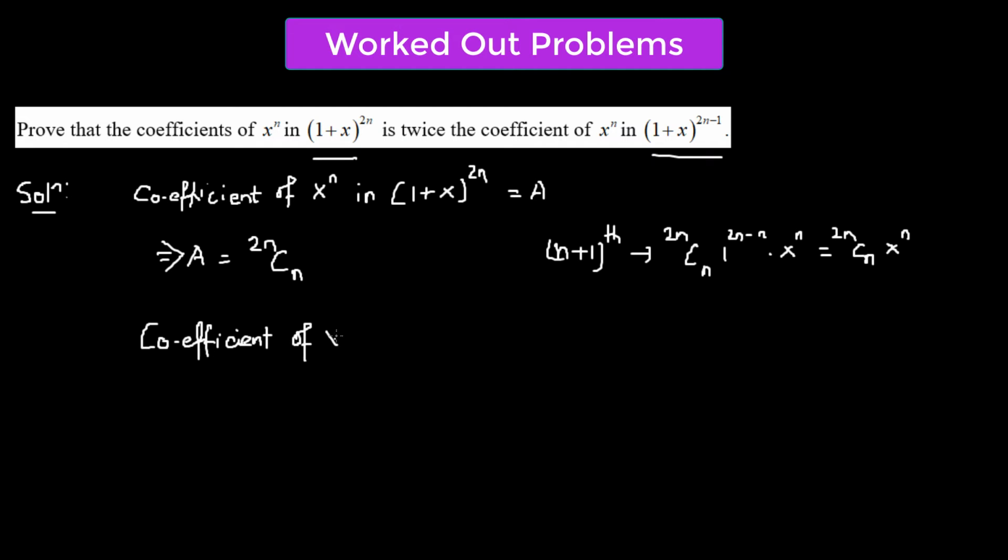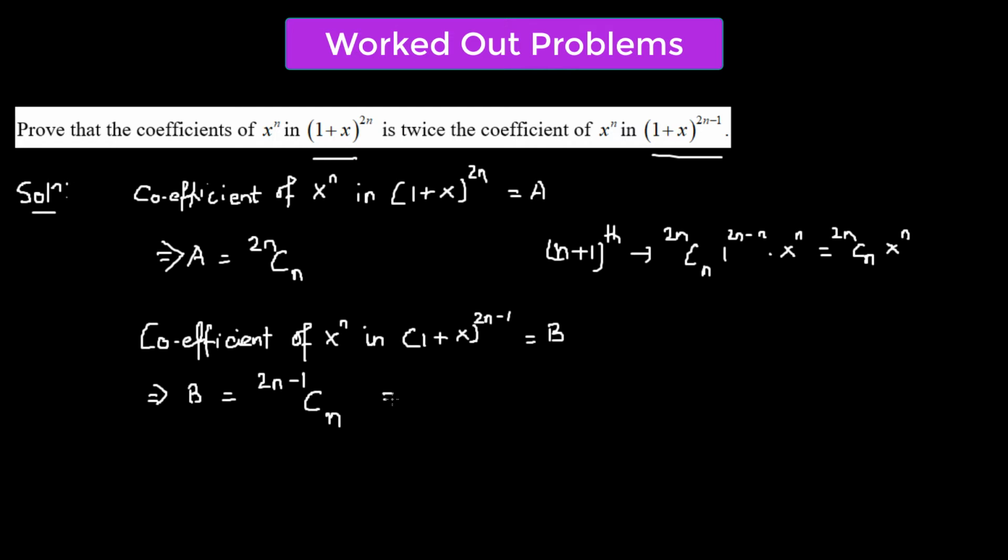Similarly, the coefficient of x raised to the power of n in (1 + x) raised to the power of 2n minus 1, if it equals b, then it implies that b must be equal to 2n minus 1 Cn, using a similar logic. Now let us expand 2n minus 1 Cn.